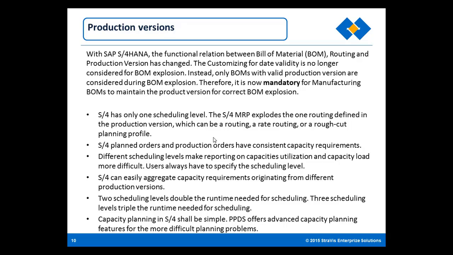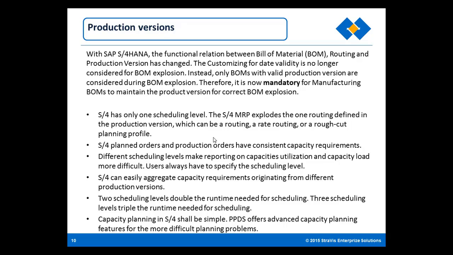Two scheduling levels double the runtime needed for scheduling, so the runtime can be reduced because there is only one scheduling level now, and three scheduling levels triple the runtime needed for scheduling. Naturally, the more scheduling levels, the more the runtime.